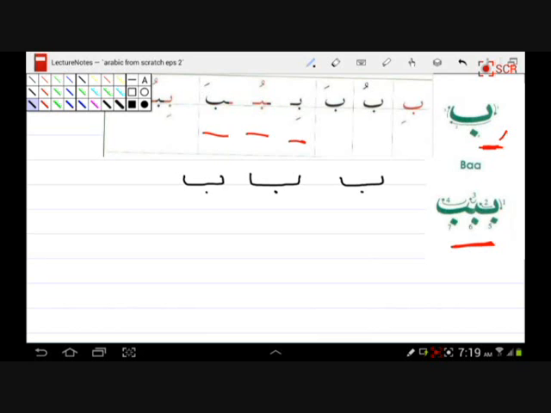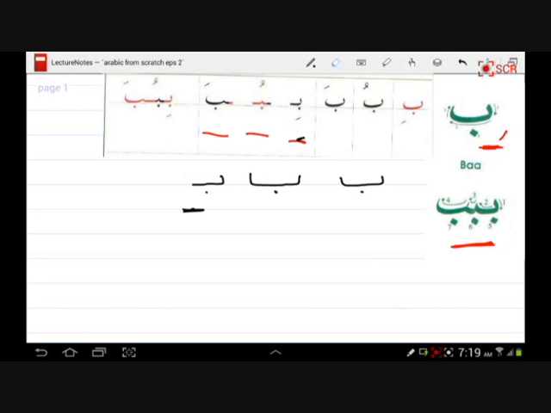Now let's take a look at the initial position, or the initial form. Actually, it loses its tail. So I have the main form in here, for example. I will make it lose its tail like this, and that's the initial form.